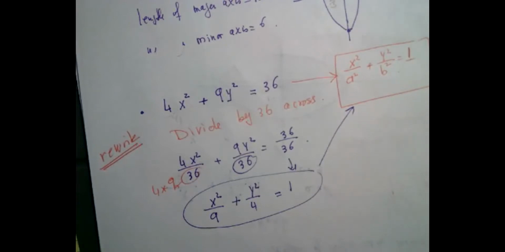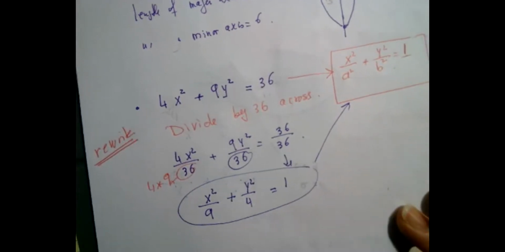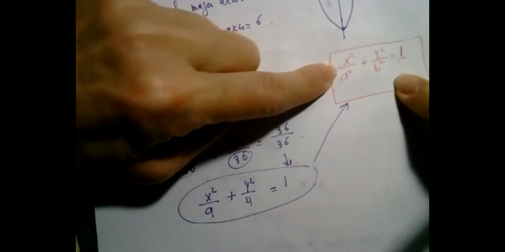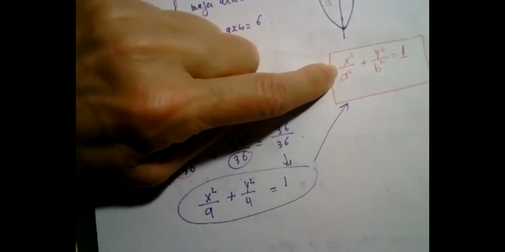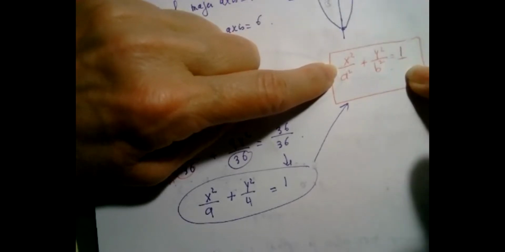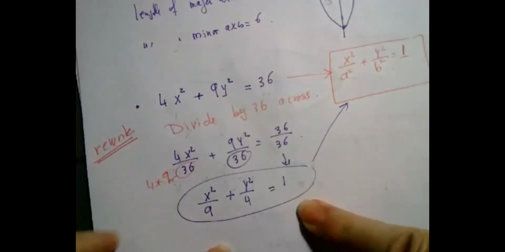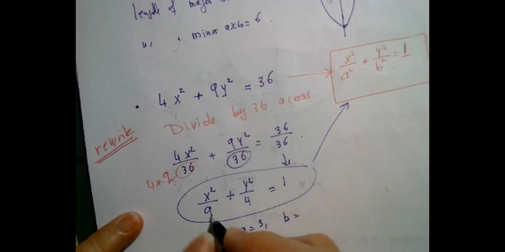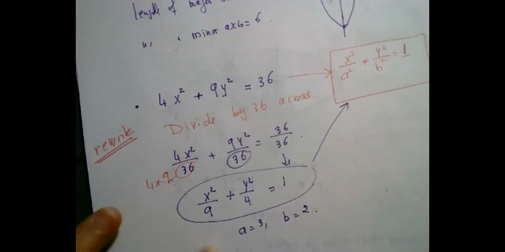Once I have it in the standard form, I can actually understand my ellipse. I told you that this equation represents an ellipse, so this is something that I'm giving you, and now we're going to use what I'm telling you to apply that. So here my a is going to be 3, because this is a squared, my b is 2.